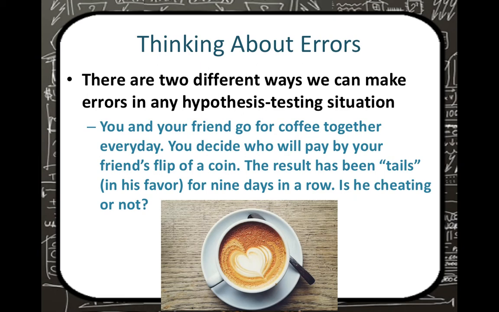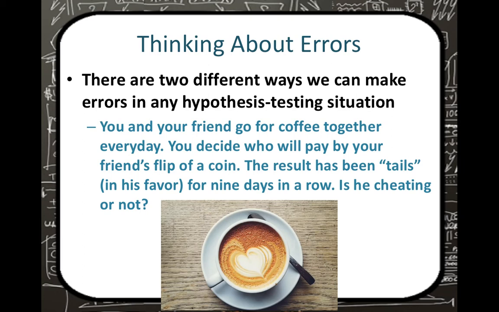Okay. So the result for the past 9 days has always been tails, which means that you're paying, your friend is not paying. Every day for 9 days, the coin lands in his favor. He doesn't have to pay. Do you think he's cheating or not?